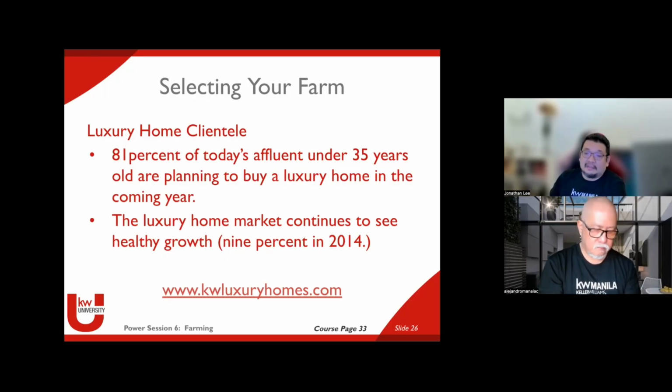And this is a group of people that's going around the world right now, acquiring assets, acquiring properties, acquiring luxury. Because every time someone acquires properties outside of their particular country, it's normally in a luxury market, right? So a lot of people who are affluent under the age of 35 are likely going to buy something in the next 1 to 2 years. It's very clear. These are statistics shown in the US. I think it's quite similar here.